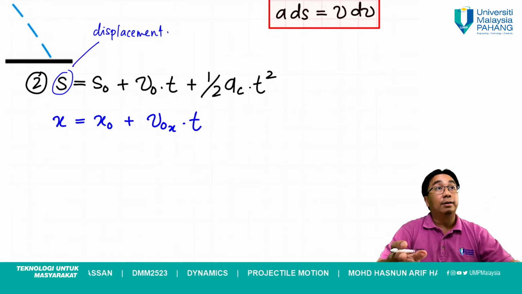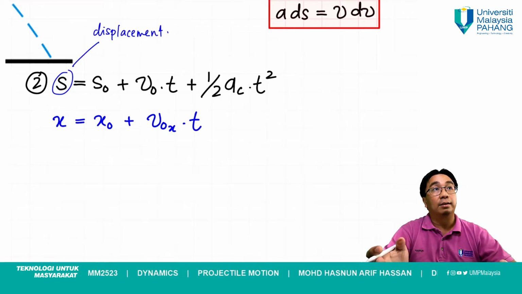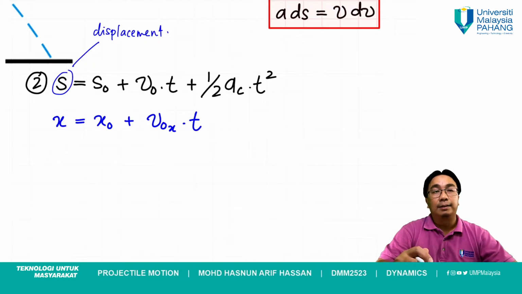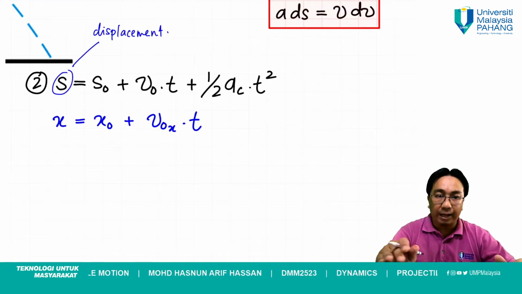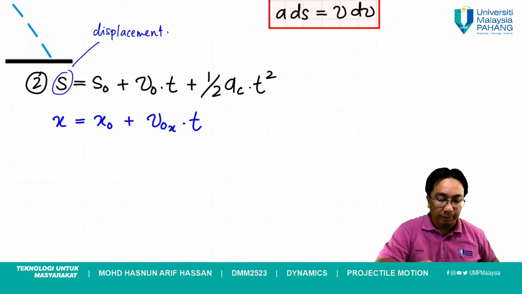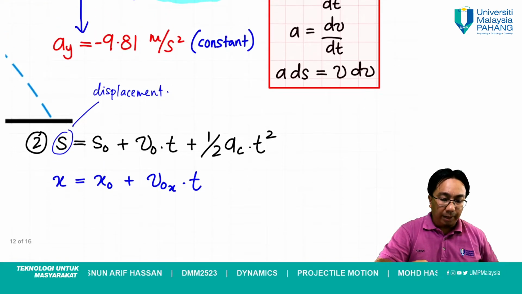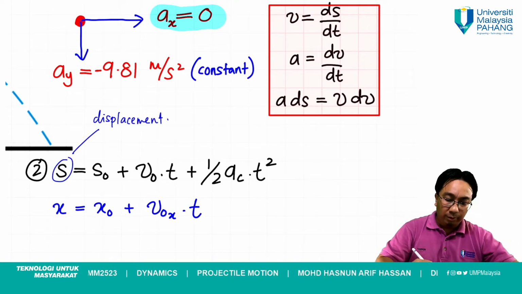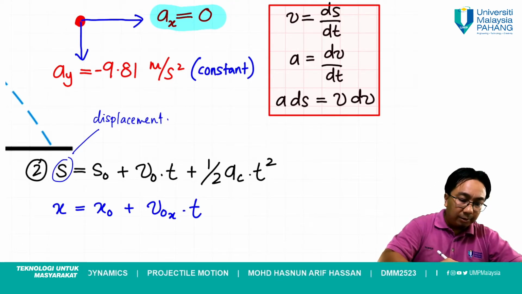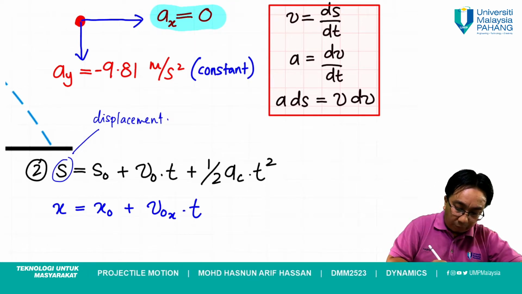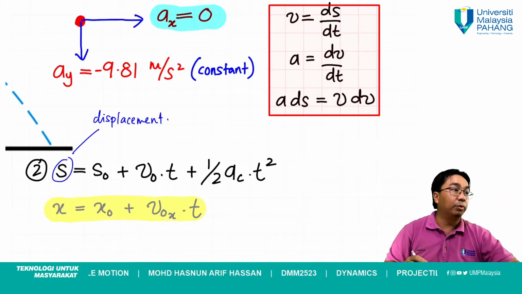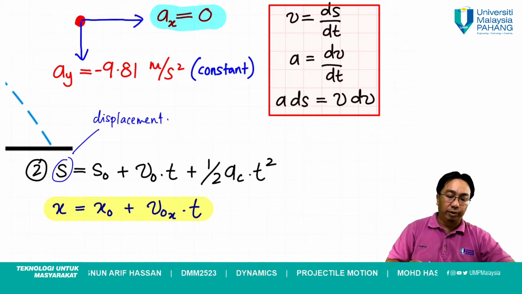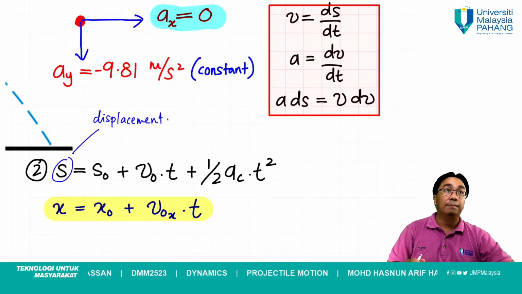What about the term yang belakang? 1 over 2 ACT. What is the value of AC dalam x-axis for projectile motion? Kita balik ke sini, 0. AX is always 0. So, tak adalah term belakang ni. So, you have for x is only up to here. Okay, x is equal to x0 plus v0x times t.